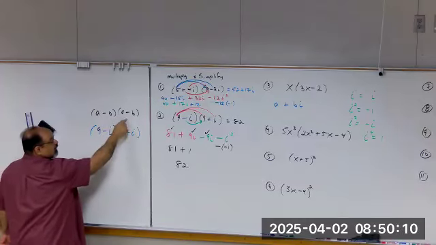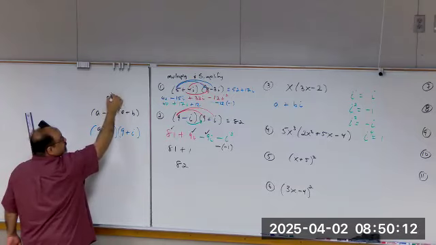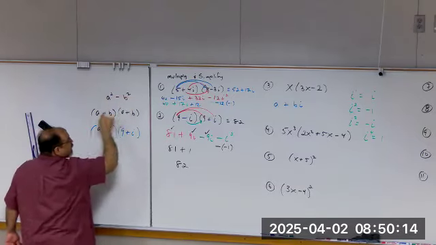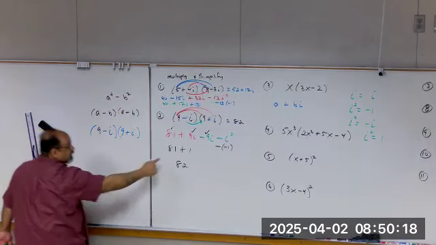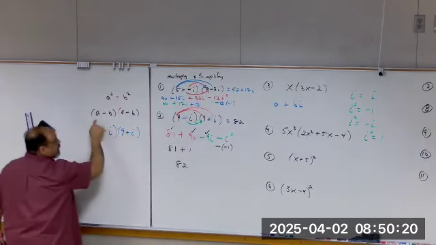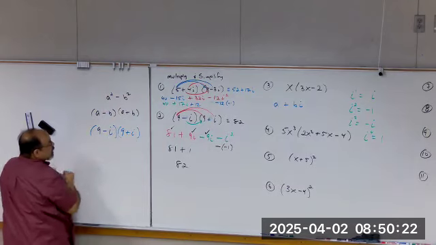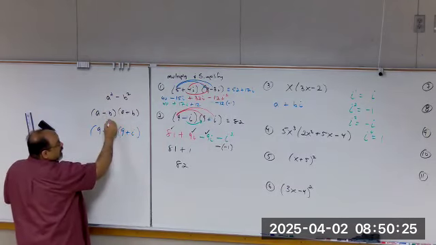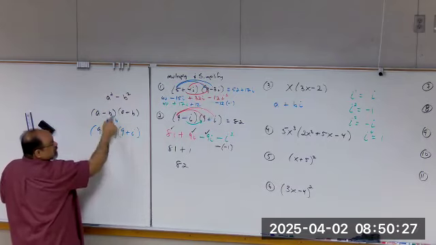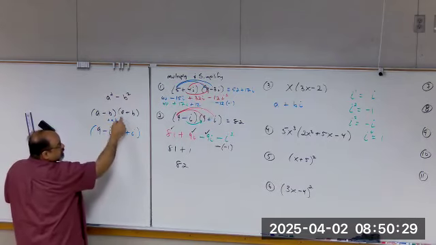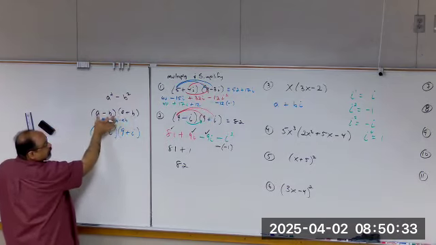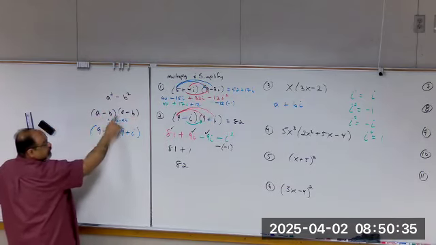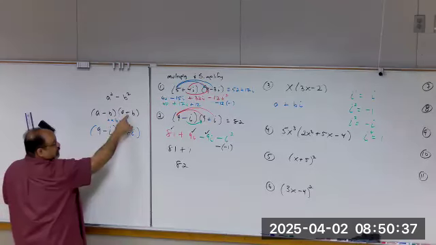When you multiply this together, it will always be the difference of two perfect squares, A squared minus B squared, because in the middle they cancel out. Outside times outside, A times B, that's a positive AB. Inside, negative B times A, that's a negative AB. They're always going to cancel out when I multiply the same two terms with different signs.